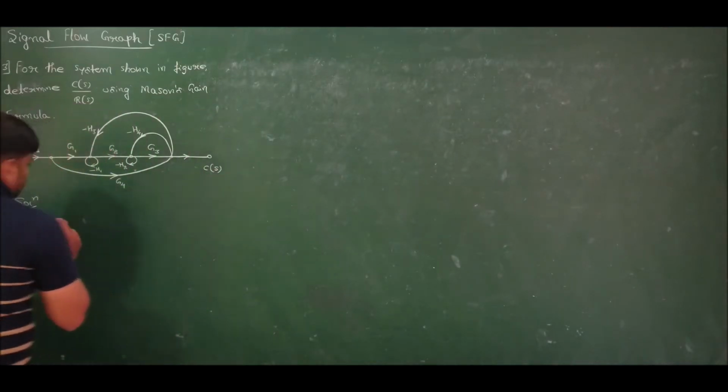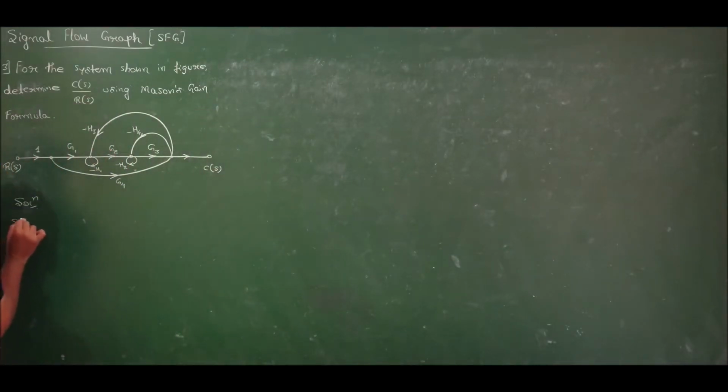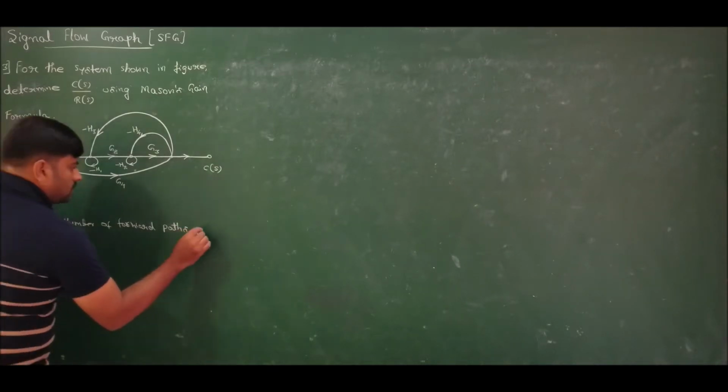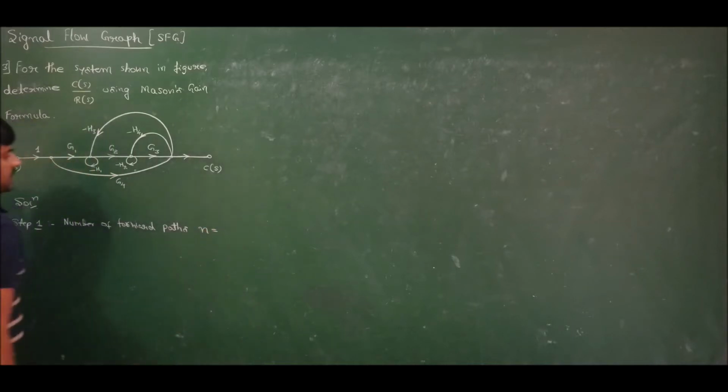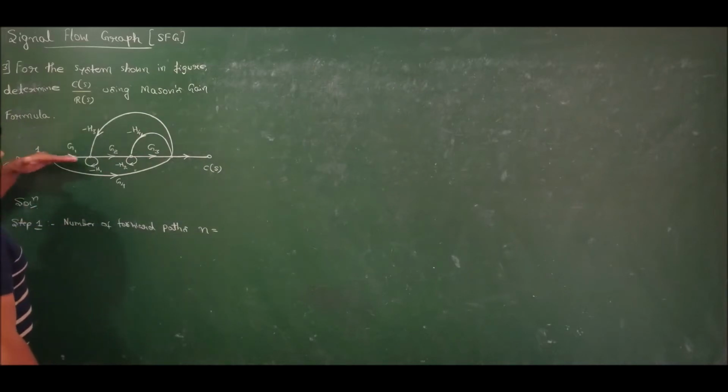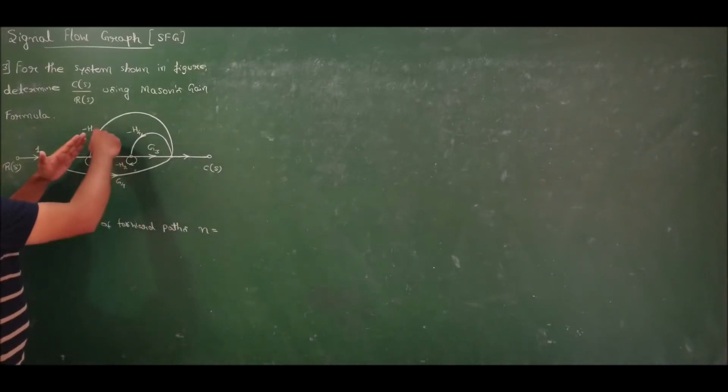In step 1, I should find the total number of forward paths. From source to sink, or from the starting point to ending point, we have one straight path. So this is path number 1. I can't go like this because the arrow mark is moving opposite to me.